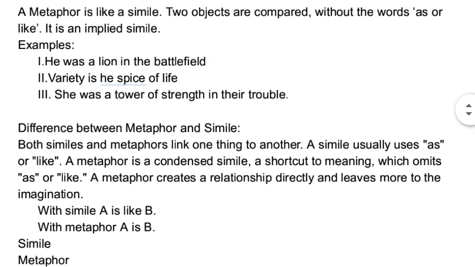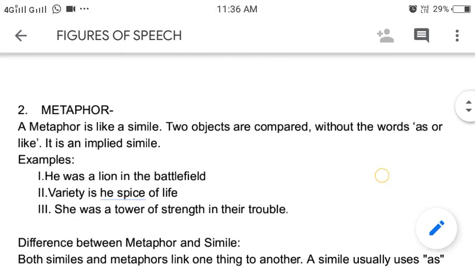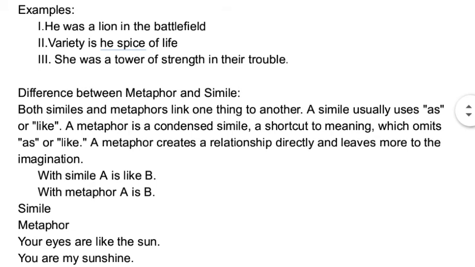Both figures of speech compare two objects or events. A simile is used when we compare two objects and events using words like so, as, but a metaphor doesn't use these types of words.